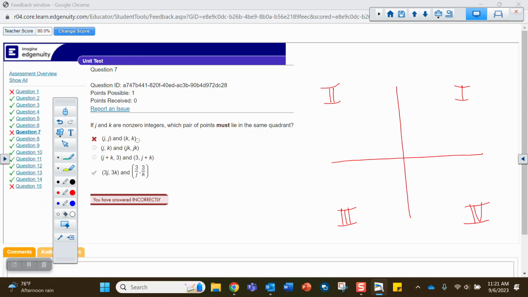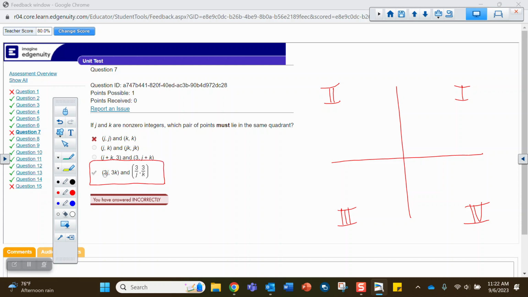Anything really with addition or subtraction, you also run the risk of those points not being in the same quadrant. Again, in this third option, if you add J and K together and you get a negative, but then you have a positive 3, that puts you in one quadrant. But if you have a positive 3 and then a negative number, that puts you in another quadrant. So this option down here is really the only one where your signs aren't going to change.